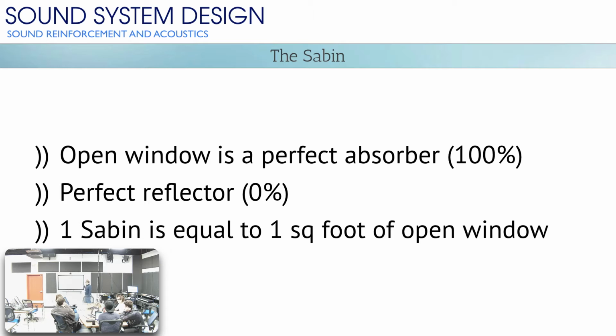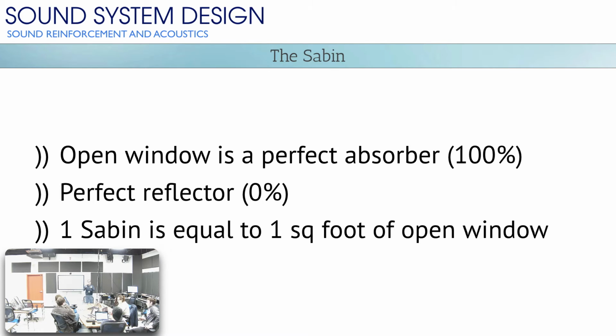So then his unit of measurement that he came up with was, he said, okay, 1 Sabin is going to be equal to 1 square foot of open window. So if you can imagine the total surface area of some object, 1 Sabin would mean that 1 square foot of that total area would be open window. That would be 1 Sabin.